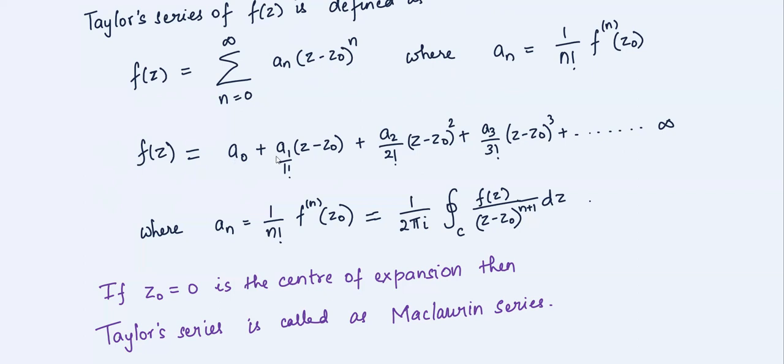Okay. Here, a1 in real functions is f dash, f double dash, f triple dash, and so on.